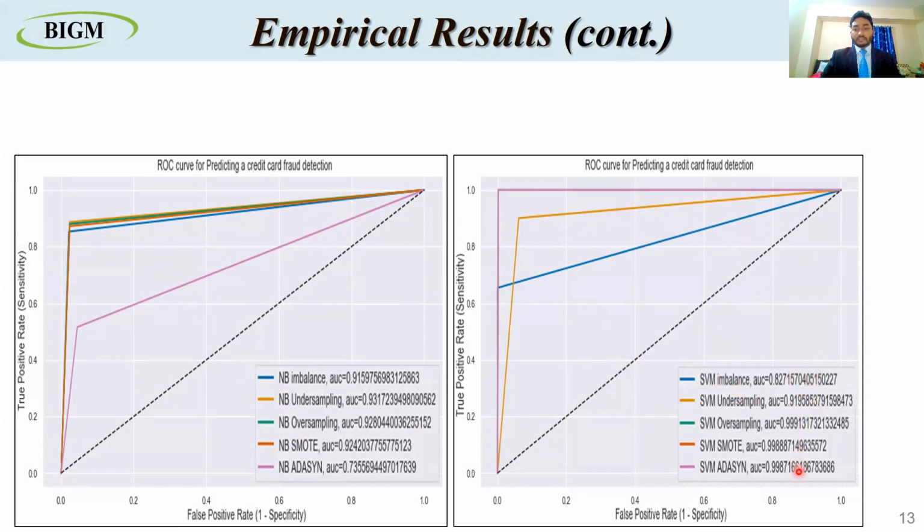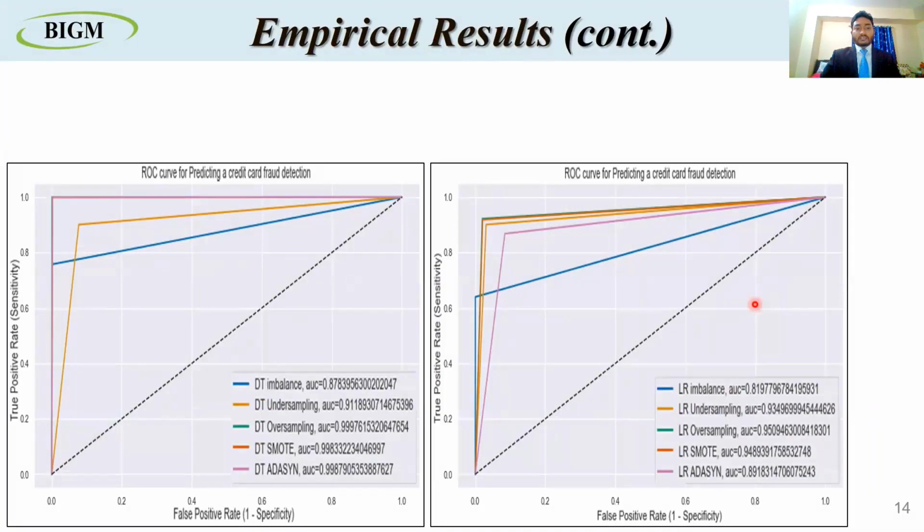Here the AUC values and the curves are also there. And the decision tree classifier is depicted by this graph, and the last graph is showing the performance of the logistic regression classifier. So on average, we can see from these curves that the naive Bayes classifier and the logistic regression classifier are performing poorer than others.